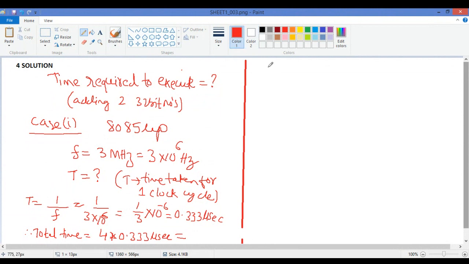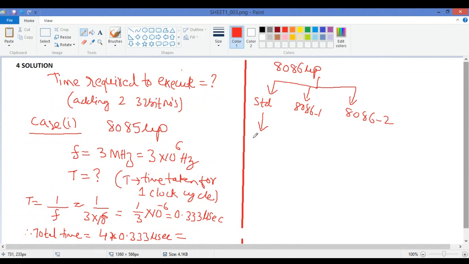Next, let us take the case of the 8086 microprocessor. Now it has 3 different versions: the standard version, 8086 version 1, and 8086 version 2. The standard version is taking how much?